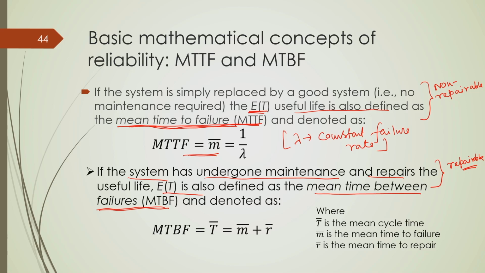Ups means for some period of time they will operate satisfactorily, and for some period of time they will be under repair, during which they are not operating. So, this type of system will undergo cycles of satisfactory operation followed by repair, then again satisfactory operation followed by repair, and so on.